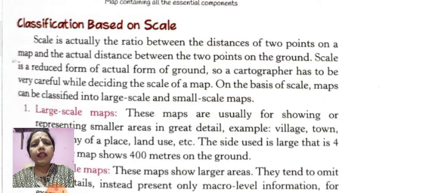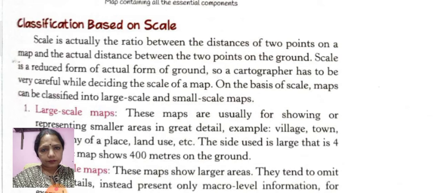So now we will know about the classification based on scale. A scale is actually the ratio between the distances of 2 points on a map and the actual distance between the 2 points on the ground. A scale is reduced from the actual form of ground.